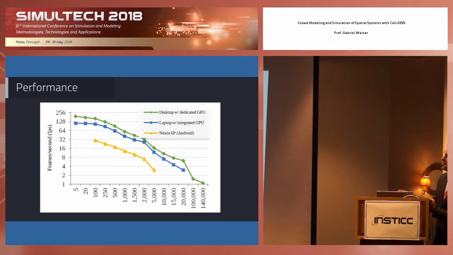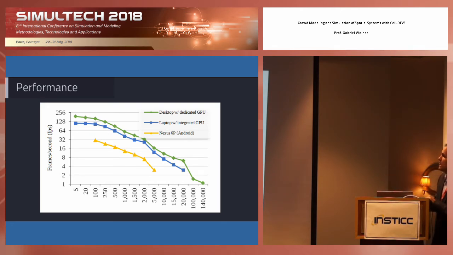So for small crowds, on a desktop with a dedicated GPU, we have been running at 256 frames per second, which is extremely high definition for very small crowds, but we've been running over 100,000 entities at decent performance compared to others.